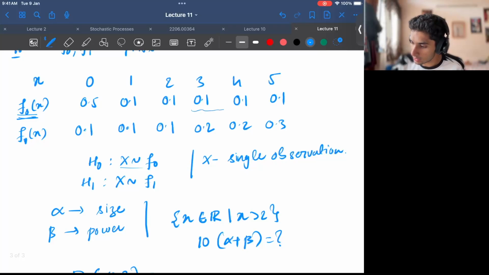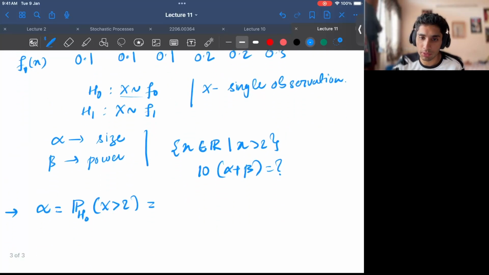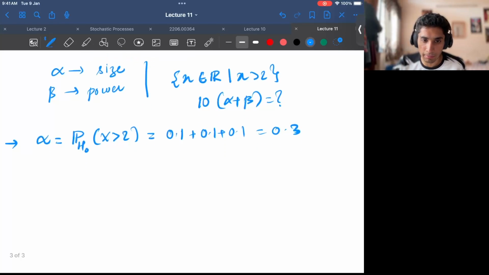It's these three things: x equal to 3, x equal to 4, and x equal to 5. The probabilities are 0.1, 0.1, and 0.1, which sum to 0.3. So the value of alpha is 0.3.